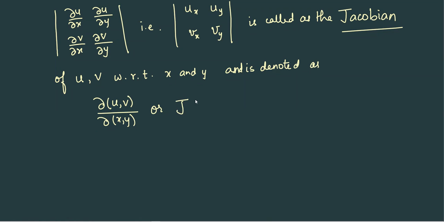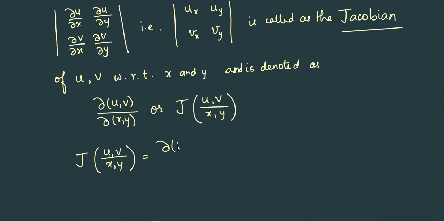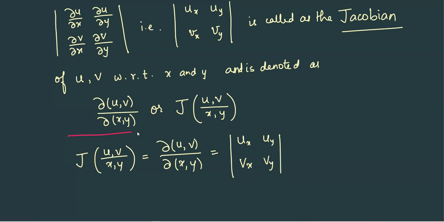More commonly, it is the Jacobian of u, v by x, y. So this is the representation: J(u,v/x,y), which is the same as ∂(u,v)/∂(x,y), is nothing but the determinant of u_x, u_y, v_x, v_y.